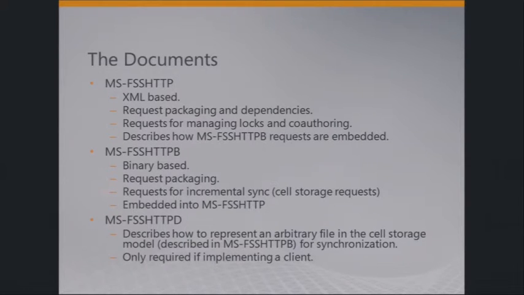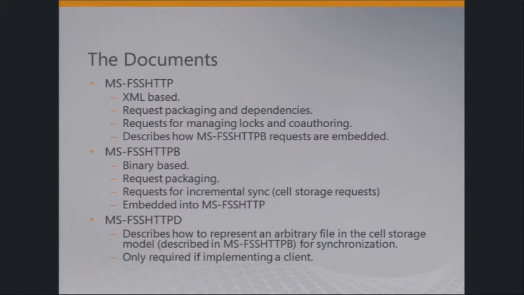It also has a section in it that describes how a binary blob is embedded. If you then go to the FSSHTTPB document, we describe the schema for that binary blob. That describes another packaging mechanism, and then a bunch of requests that are all about this self-storage layer, which we'll get to in a second.